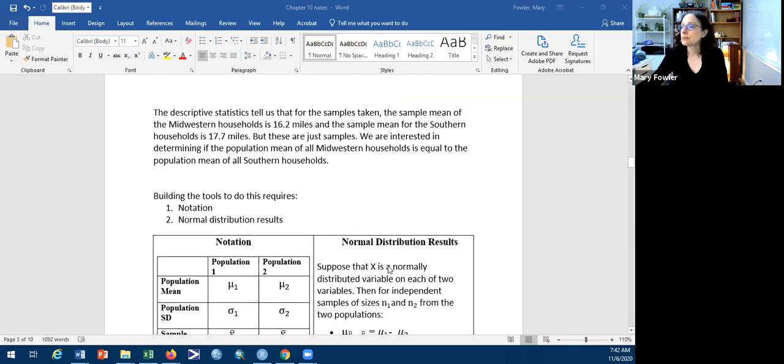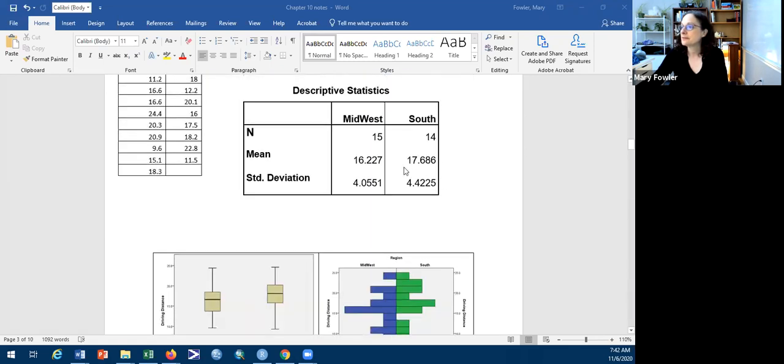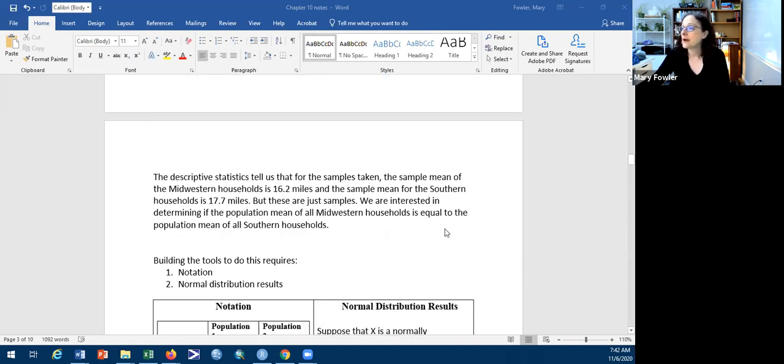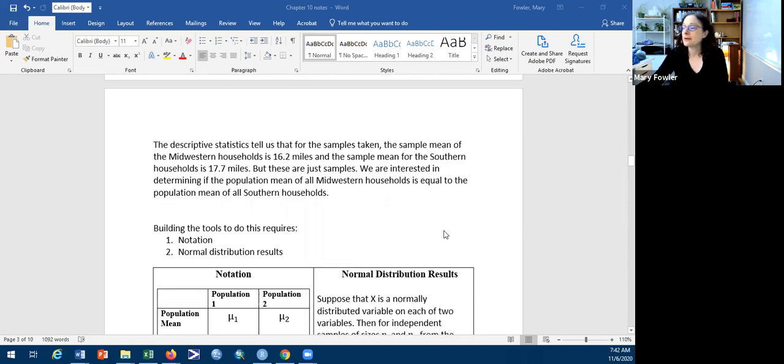Okay, so the descriptive statistics tell us that for the samples taken, the sample mean of the Midwest households is 16.2, and for the Southern, 17.7. That's what I just reviewed, and these are just samples. We do see that there's a difference in the x bars, but they're samples, and what we're interested in determining in the study is whether we have evidence to show that the population means differ.